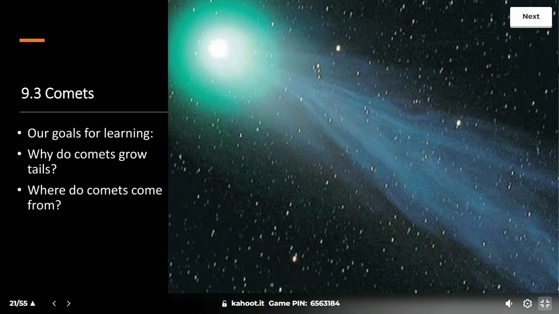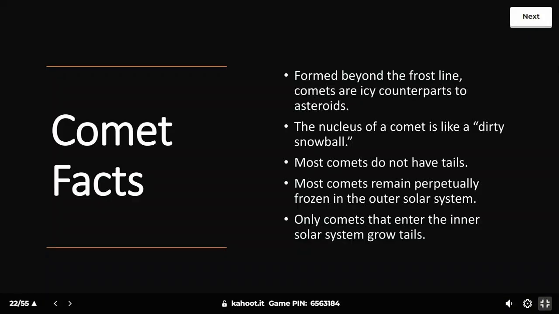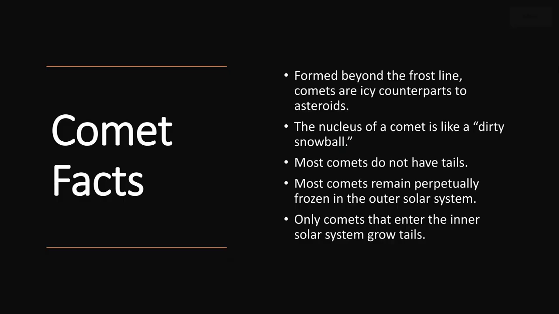So then we'll talk about comets. We'll talk about where they come from and why, unlike, say, an asteroid, they will have this tail that forms. These are also going to be leftover material of solar system formation, but these objects formed beyond the frost line, and so instead of being rocky, they're going to be more icy. They will have what we call a nucleus, which is the center of the comet, and that'll be like a dirty snowball.